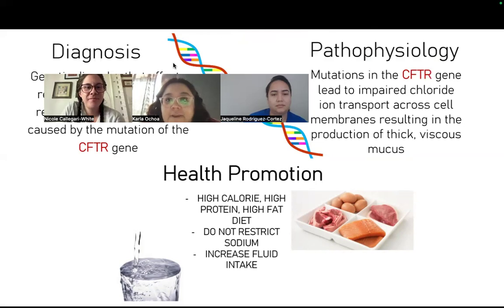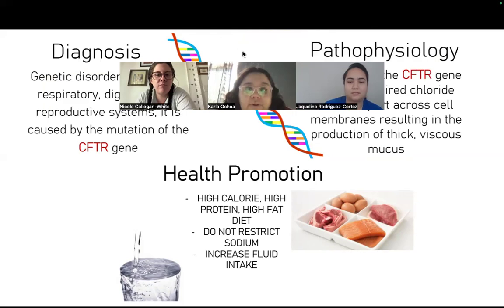So the pathophysiology would be mutations in the CFTR gene that lead to impaired chloride ion transport across cell membranes, resulting in the production of thick, viscous mucus. A health promotion would be high calorie, high protein, high fat diet, do not restrict sodium, and increase fluid intake.